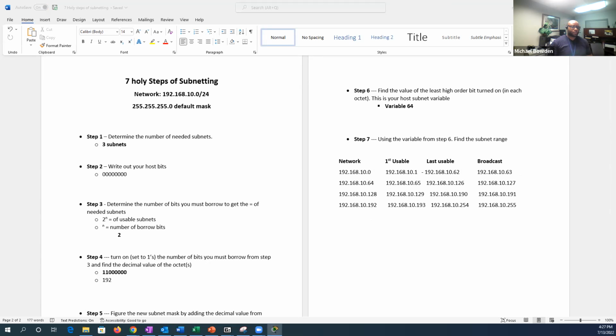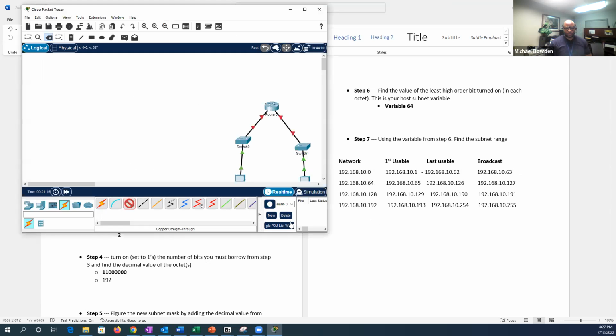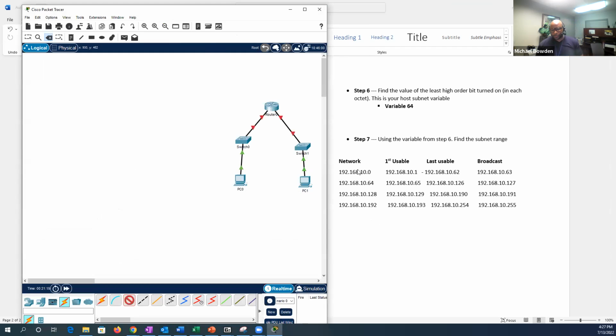So the way that it would work out on the chart is we could take this first network assigned to this interface here, and then we just use any of the usable addresses, and we can assign them to the devices, as long as it's in this same network.